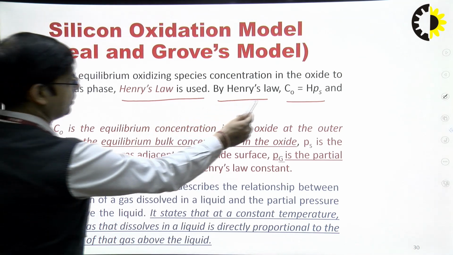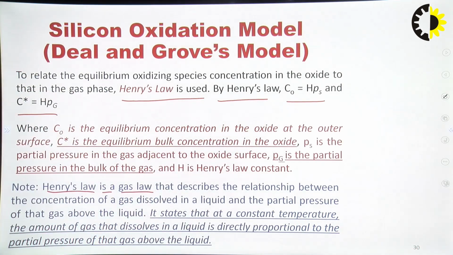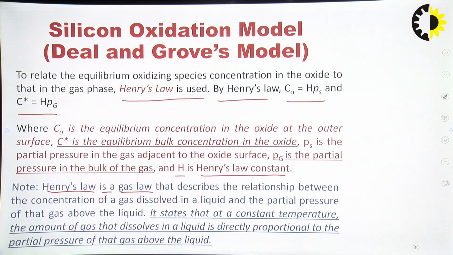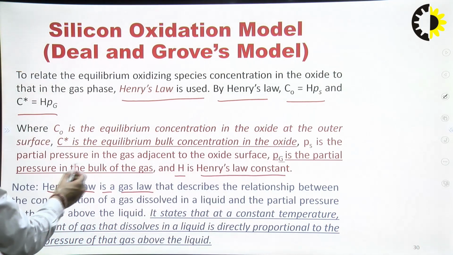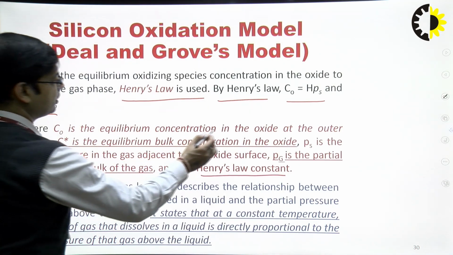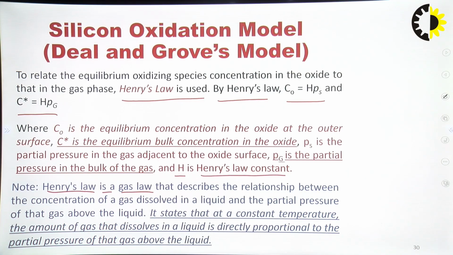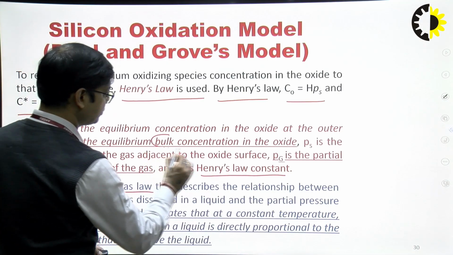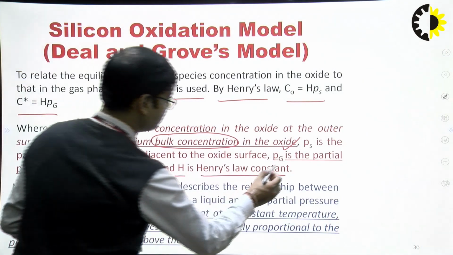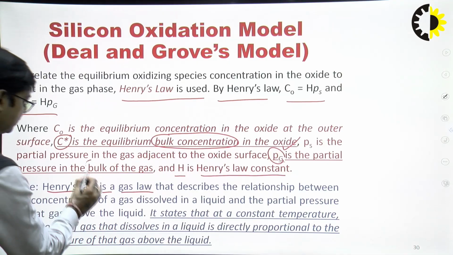Now in this expression for Henry's law, C naught equals H into Ps, where H is the Henry's law constant and Ps is the partial pressure in the gas adjacent to the oxide surface, and C naught is the equilibrium concentration in the oxide at the outer surface, whereas C star is the equilibrium bulk concentration in the oxide and Pg is the partial pressure in the bulk of the gas.